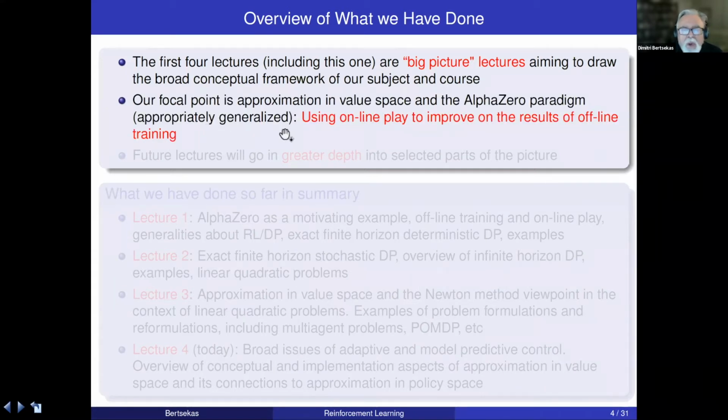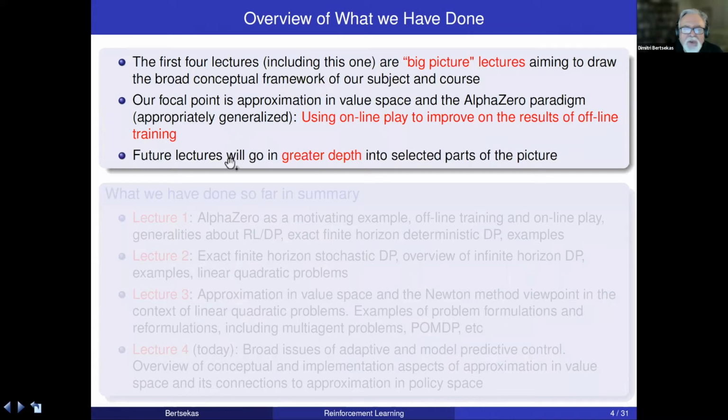And our focal point has been approximation in value space, motivated by the alpha 0 and TD Gammon paradigms, generalized, of course. The general idea here is that we have 2 algorithms, online play and offline training algorithms, and we use online play to improve making decisions in real time to improve on the results of offline training.